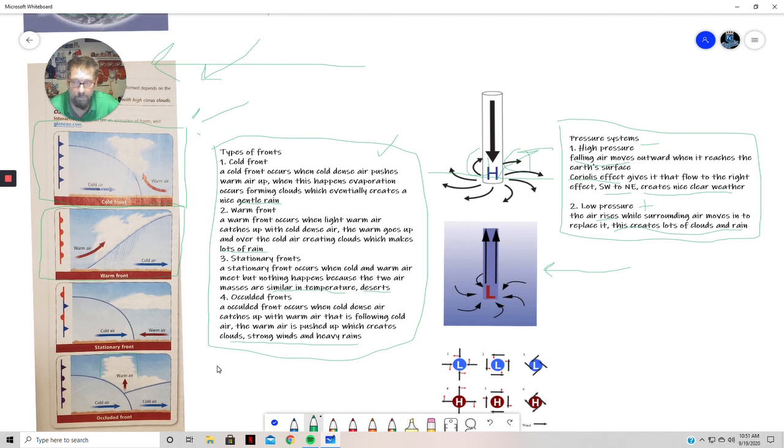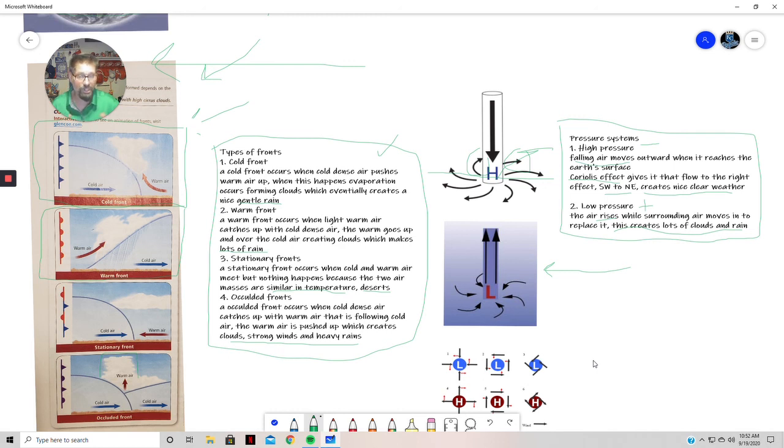Because the occluded front already makes strong winds, and now if this movement is even stronger because the low pressure is accentuated, yeah, it's going to be a rough day. So on days, and I think we had one, I'm doing this on the 19th, you're watching probably in November, possibly, but on days where we have really strong winds, you can almost think, I bet we've got a low pressure system.